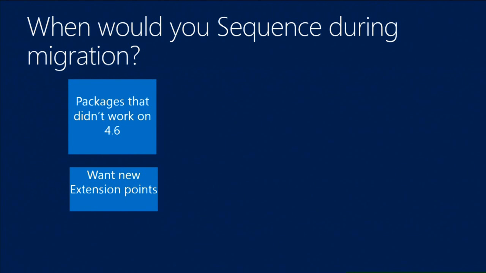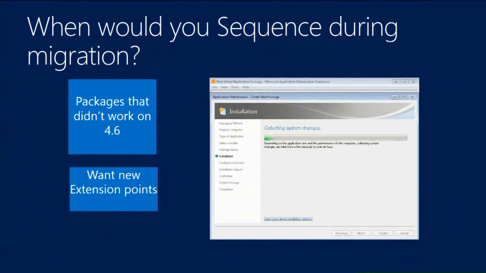Okay, but why would you want to sequence as part of the migration? Well, it's either that the package isn't a good candidate, or you want to use some of the new capabilities. So remember that list of all the virtual application extensions, in addition to file type associations and shortcuts.